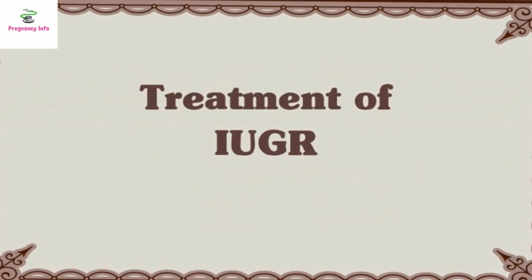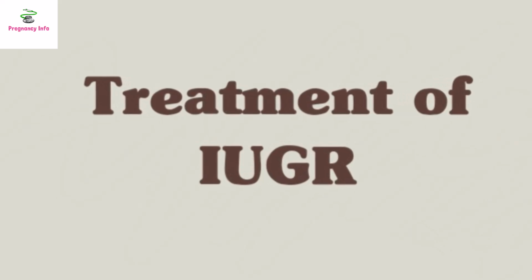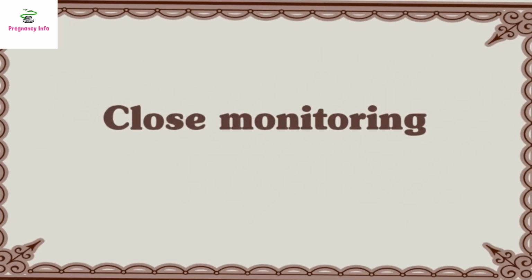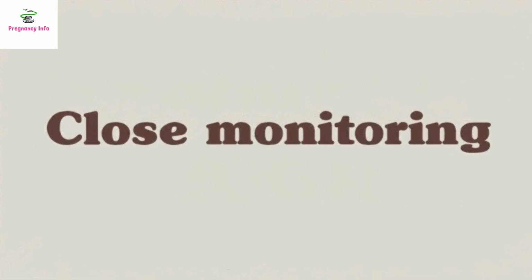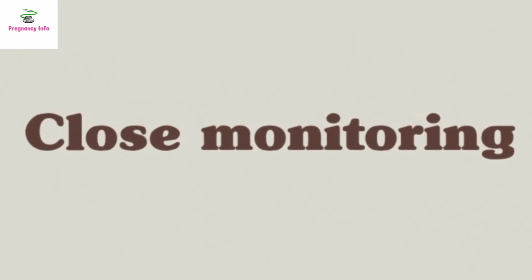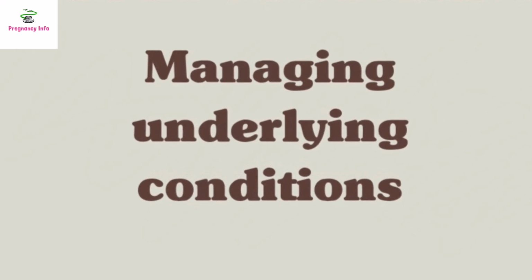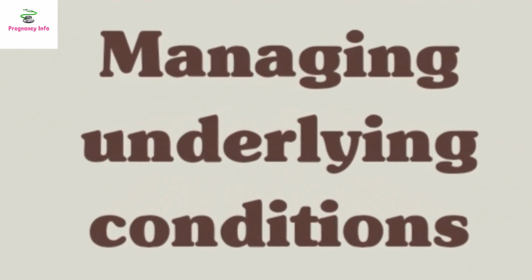Now, what is the treatment of IUGR? Treatment of IUGR largely depends on the cause, the severity of the growth restriction, and the stage of pregnancy. Common approaches include: number 1, close monitoring. Frequent ultrasounds and checkups help monitor the fetus's growth and well-being. Managing underlying conditions. Controlling maternal conditions such as high blood pressure or diabetes can improve outcomes.